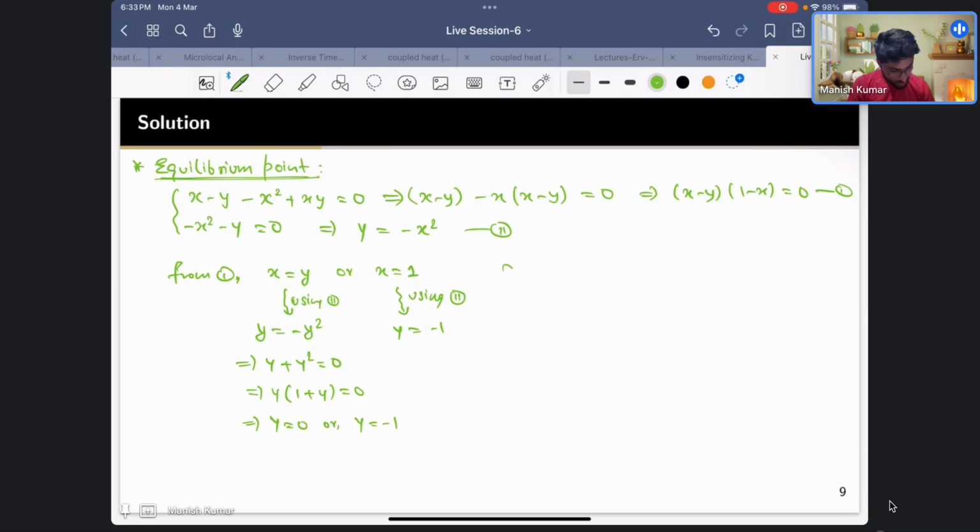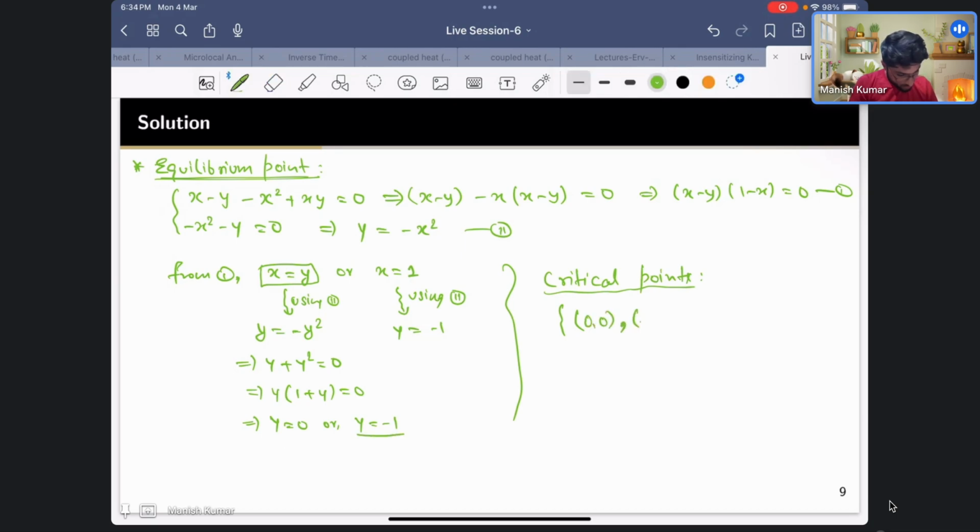So overall the critical points we have are the following. From the condition x equal to y, 0 0 is an equilibrium point.